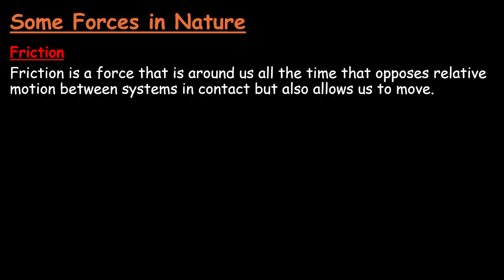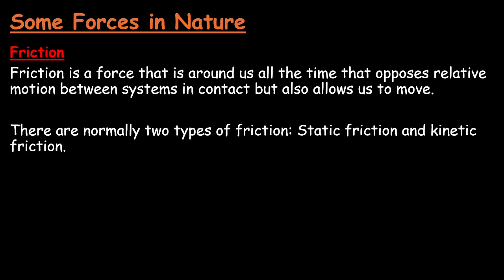The first one will be static friction, and the second one will be kinetic friction. Static friction will be the kind of friction that will be experienced for something that is stationary, while kinetic friction will be a kind of friction that will be experienced between moving objects.